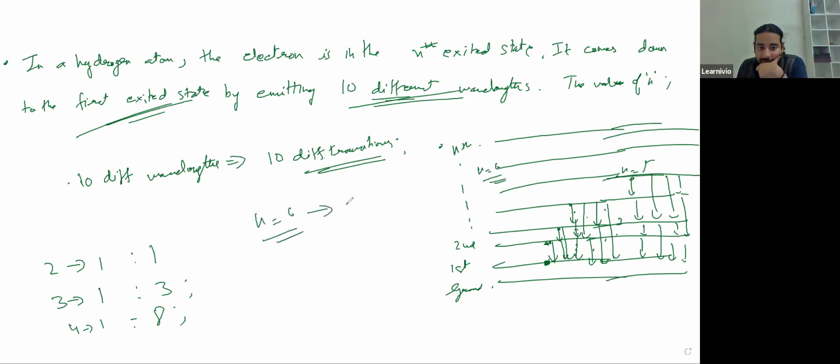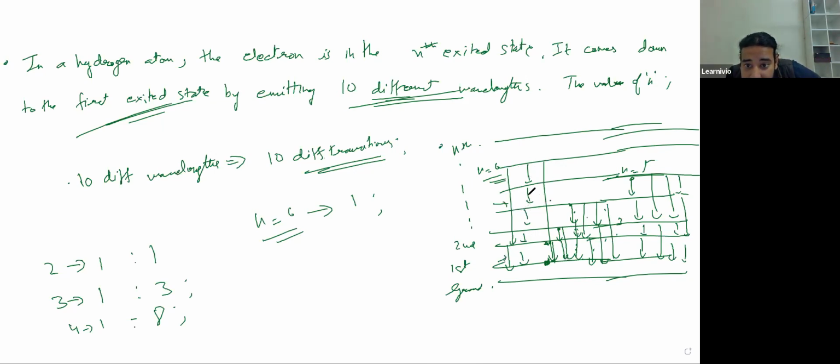So when you're going from n is equal to 6 to n is equal to 1, you'll have 5 different wavelengths coming, because it's just 6 to 1. So it's 1, 2, 3, 4, 5 different here. Then you have the total one, 6 different. Then you have only one from here, because this is already added.